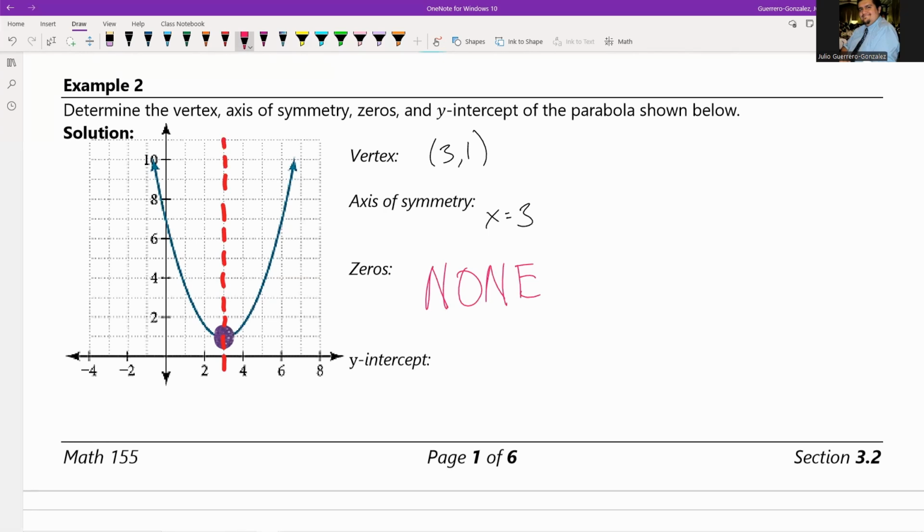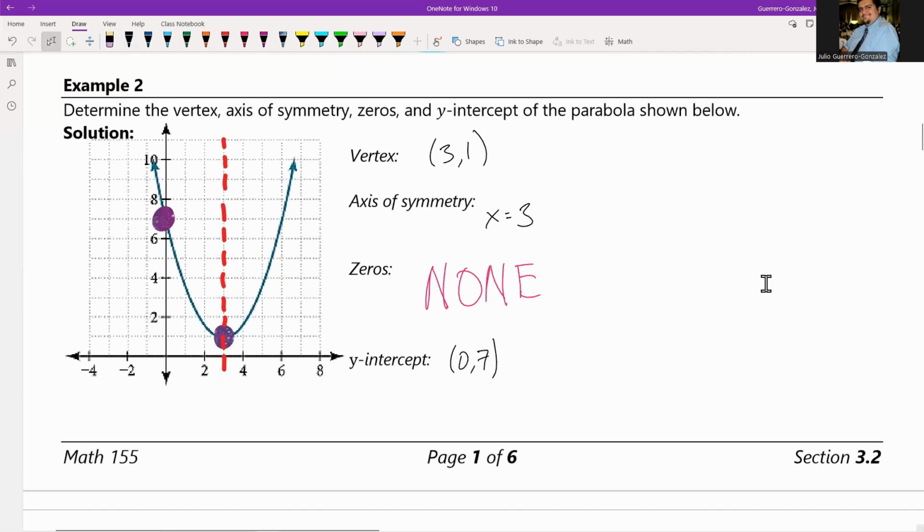Not every parabola needs to have an x-intercept, okay? But the y-intercept, they always should have. So in this case, that y-intercept is going to be (0, 7). Okay, that's simple. It's a nice little scavenger hunt. All right, let's move on.